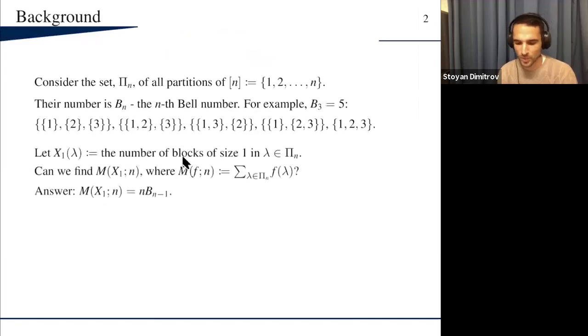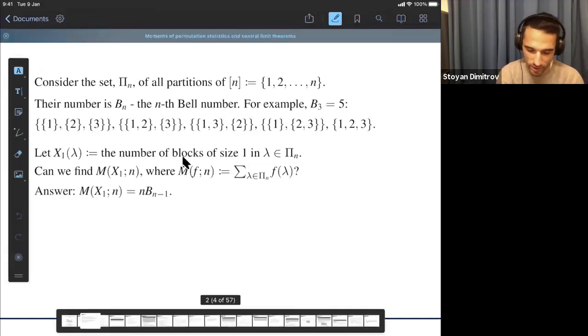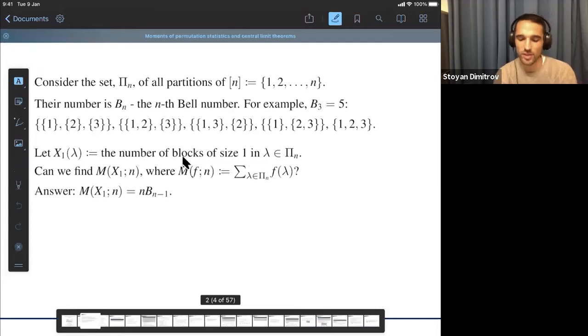Let's look at a simple statistic over this set: namely, let's count the number of blocks of size 1 in each set partition. For those set partitions we have 3 singleton blocks, then 1 singleton block, 1, 1, and 0. This is the value of x1.